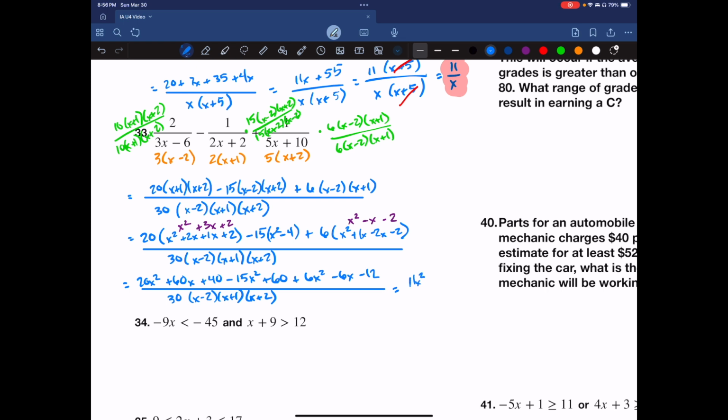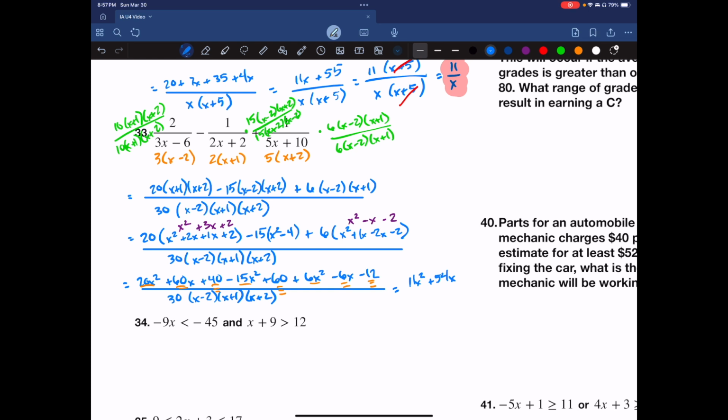We have 60x. So I had x squared, x squared, x squared, x, x, constant, constant, constant. Okay, so that's going to be plus 54x. So you got 60 minus 6.